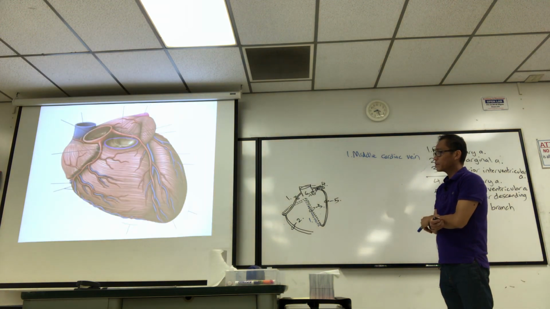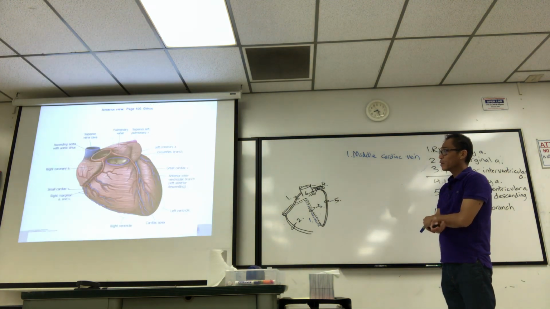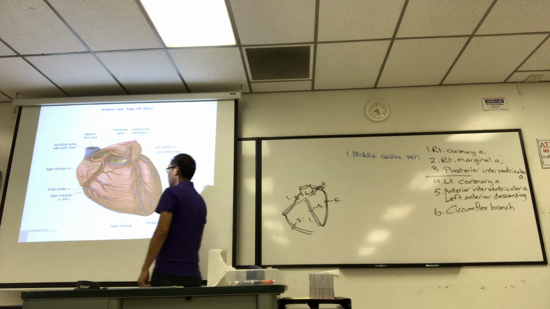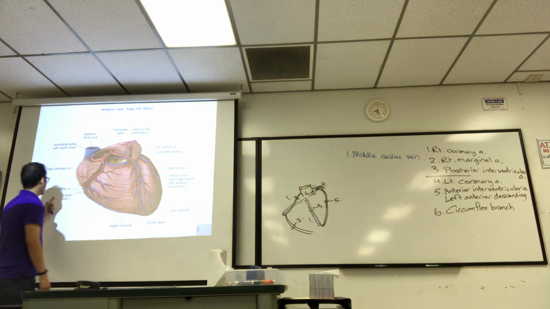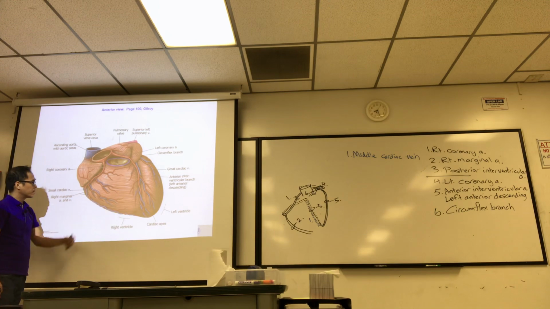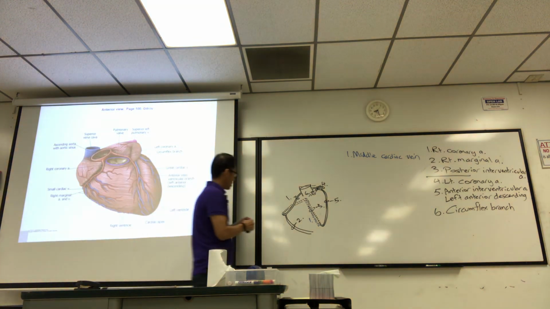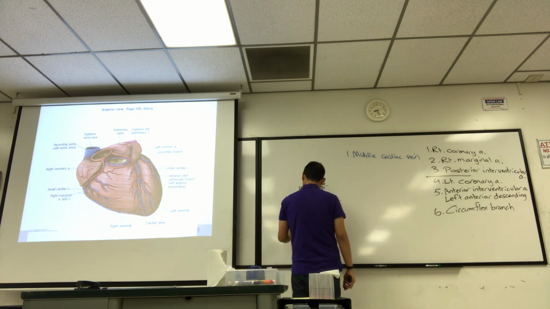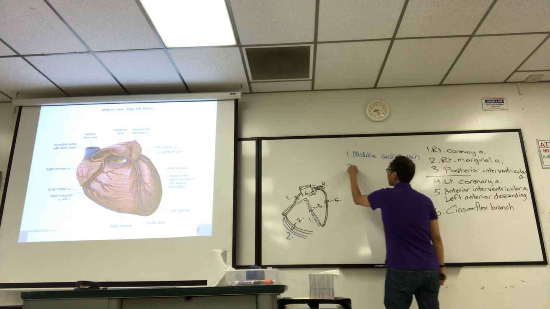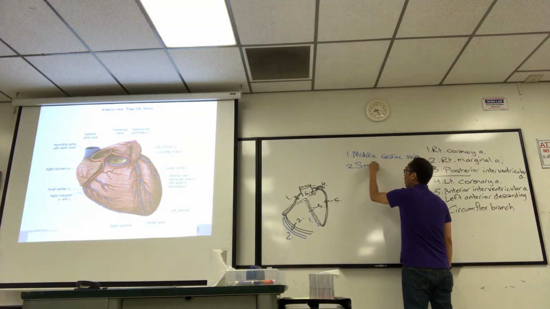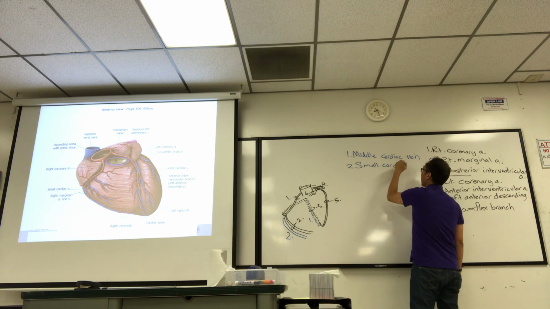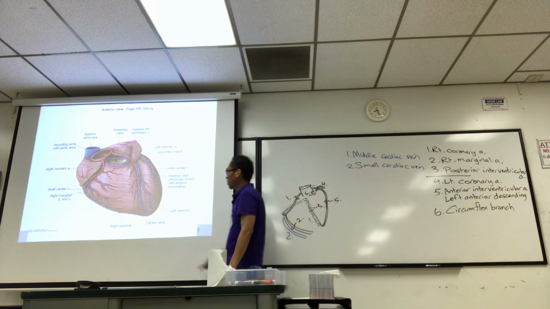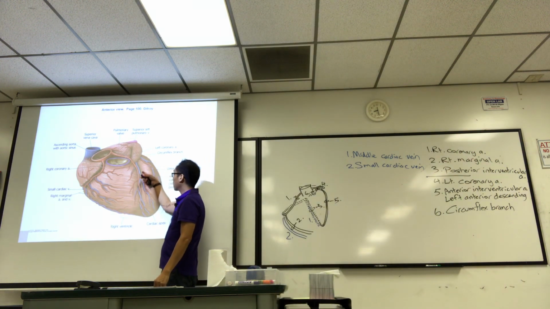All right, go back to this view. The one that runs with the right marginal artery is the small cardiac vein. Call number 2 in blue, small cardiac vein. And the other one that runs with the anterior interventricular artery is the great cardiac vein right there.